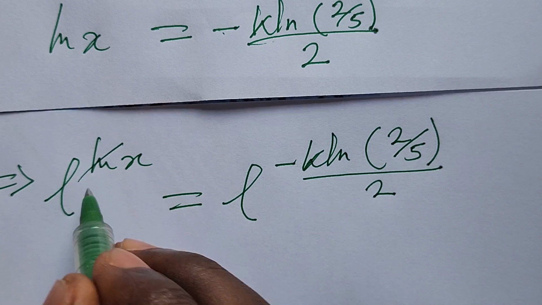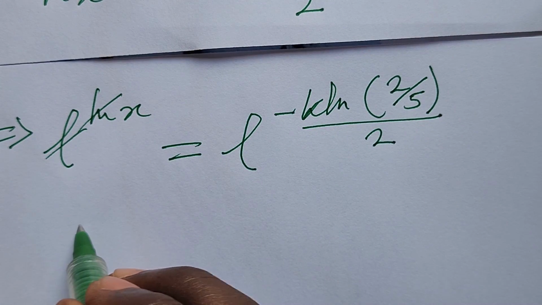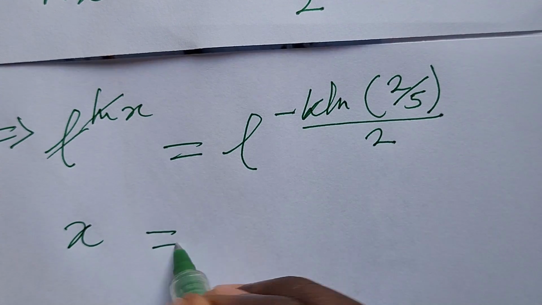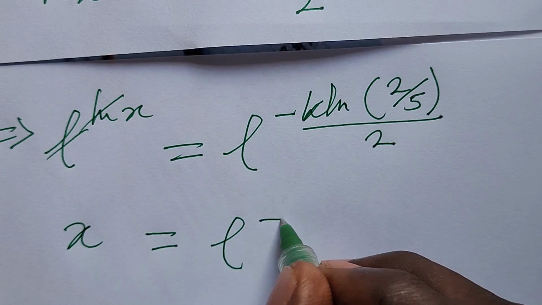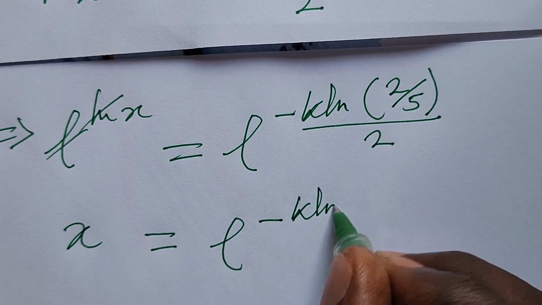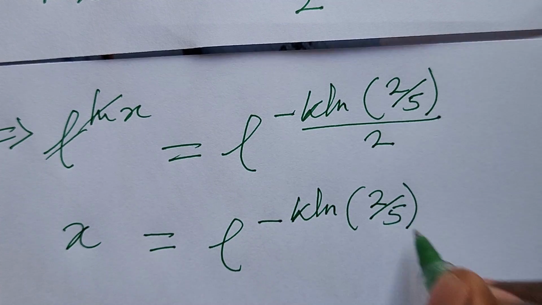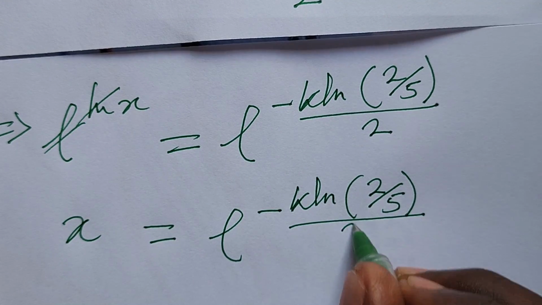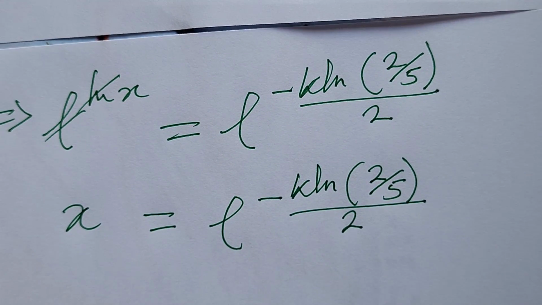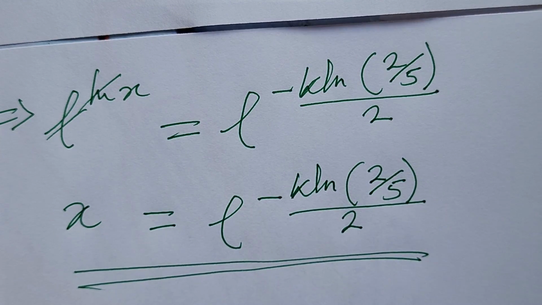So this leaves the system to give us x equal to e to the power of minus the Lambert W_n function of 2 all over 5, all over 2. So this is the value of our x here.